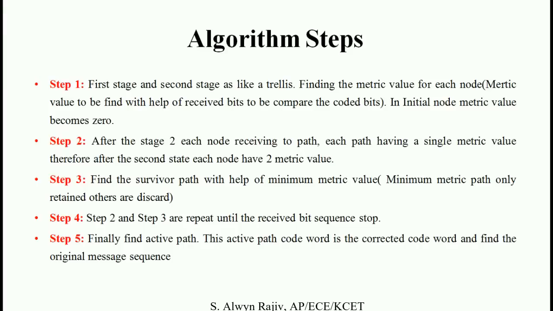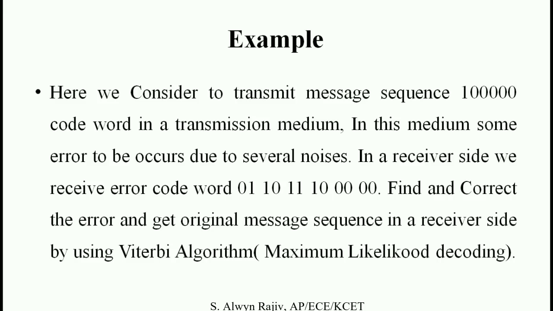Now we are going to see one example. We consider the message sequence 1 0 0 0 0 0. The code word goes through the transmission medium. In this medium, some errors occur due to several noises.